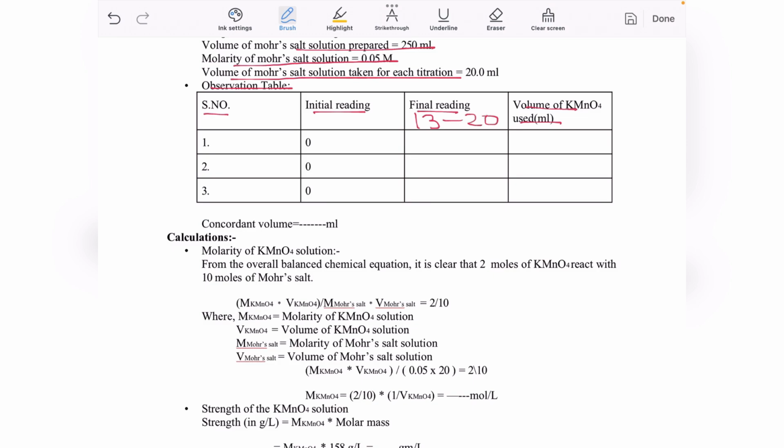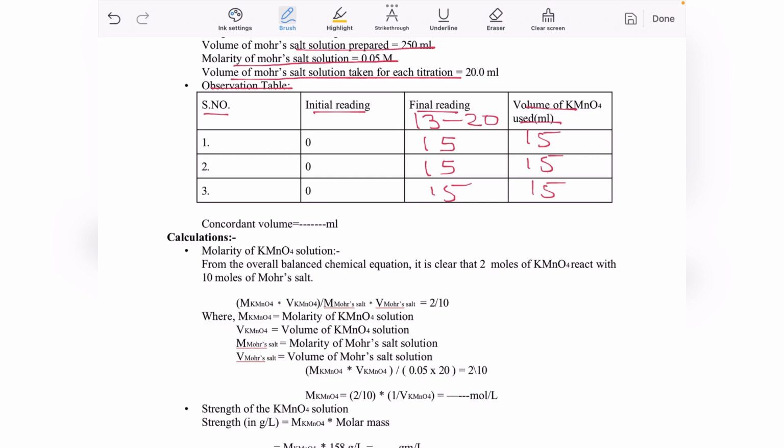You can write any numeric value in between the range of 13 to 20. In each and every case, your answer comes out as 0.01 mole per liter KMnO4 solution. So suppose here I am taking 15 ml. So the volume of KMnO4 used here is 15 ml.